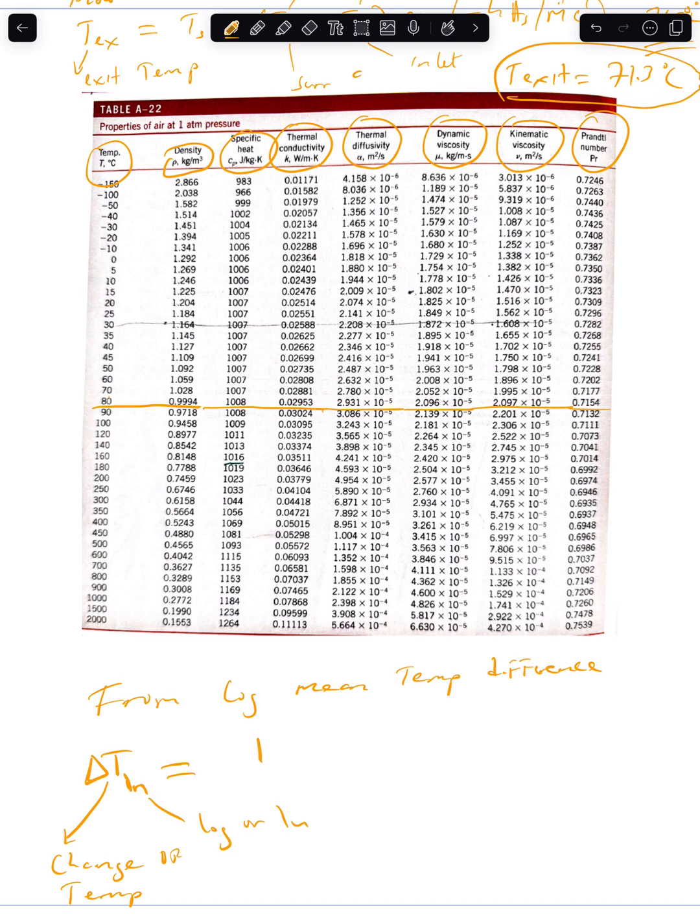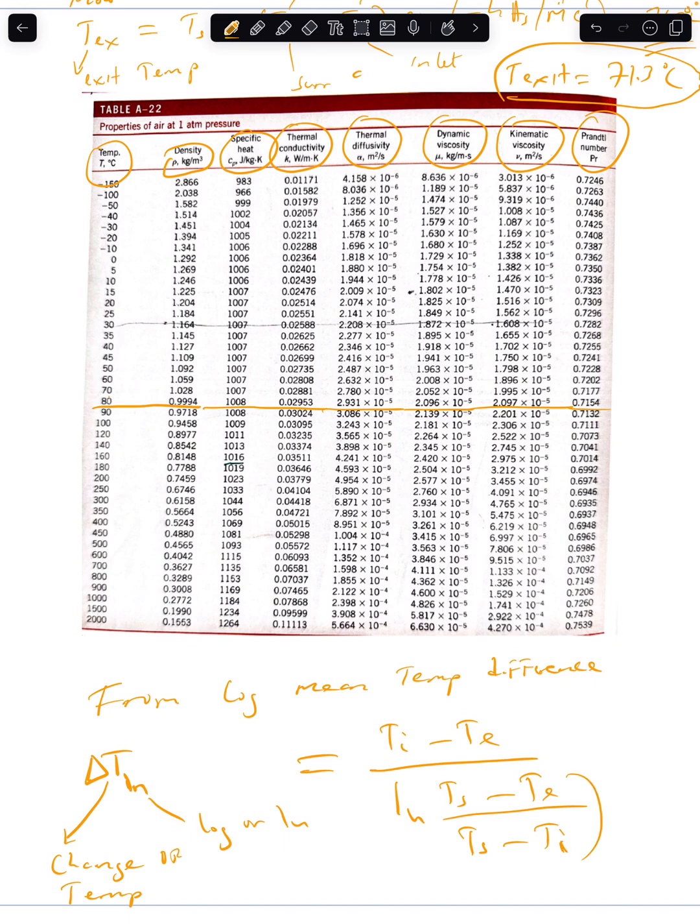I want to space this out so you don't get confused because of my writing. It is equal to the temperature at the inlet minus the temperature at the exit, over ln of the surface temperature minus the temperature at the exit, over the surface temperature minus the temperature at the inlet.